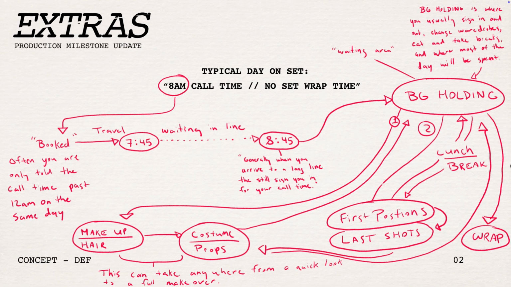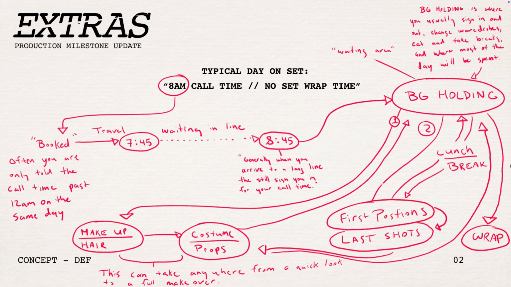This was the quick journey map that I created just off memory of previous experiences of working on sets, just to give a quick overview for people that maybe aren't familiar with production sets.